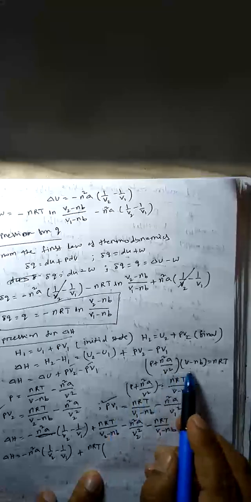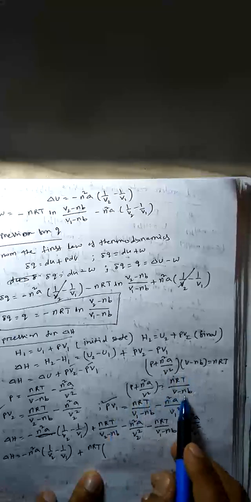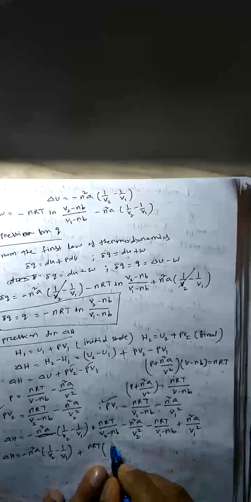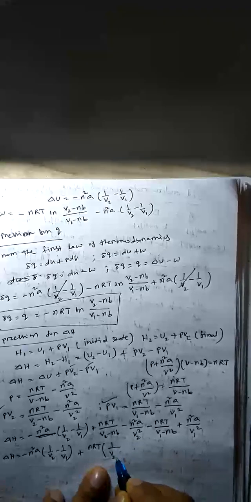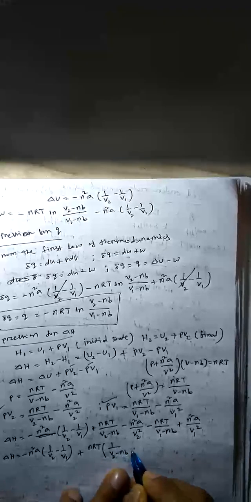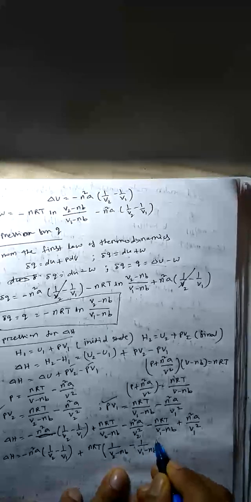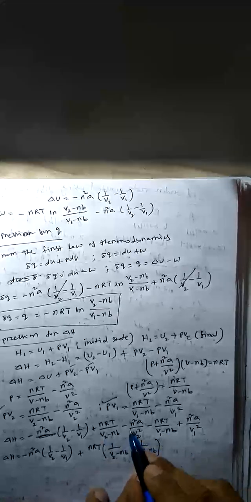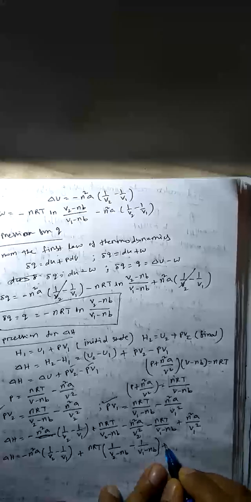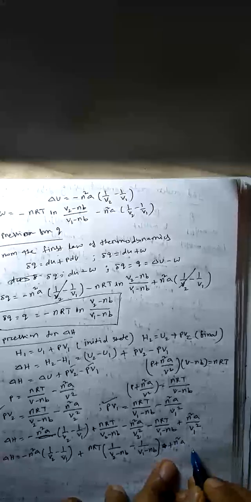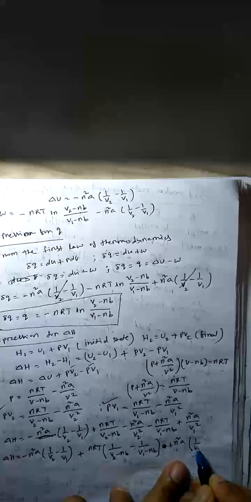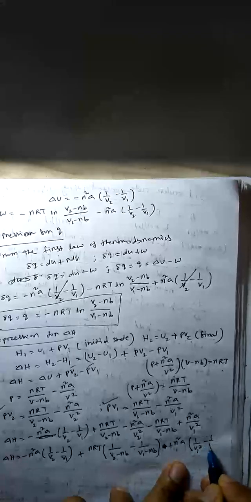When you take nRT common, 1 by V2 minus nb minus 1 by V1 minus nb from these two. Now from this you take n square a common, and you get 1 by V1 square minus 1 by V2 square.